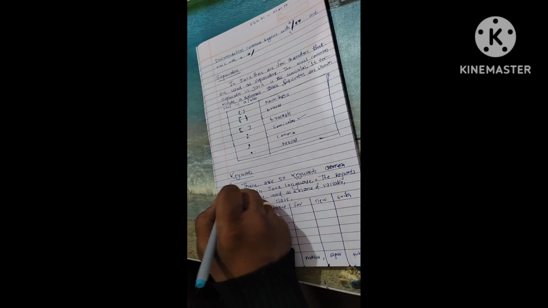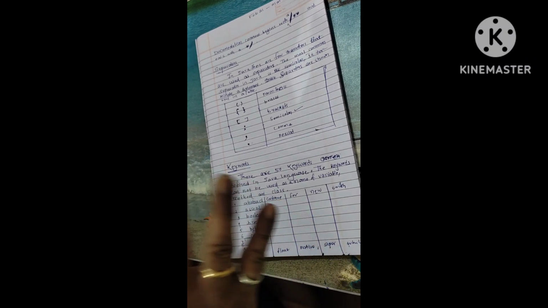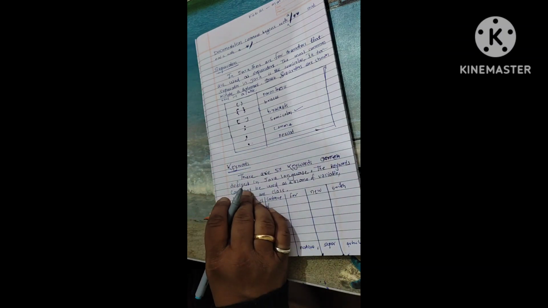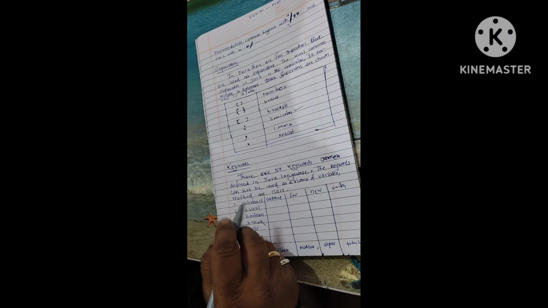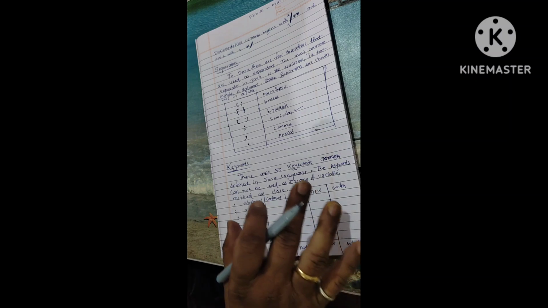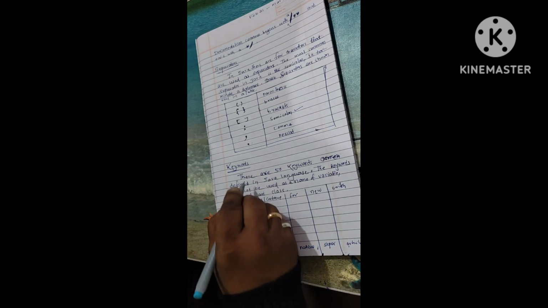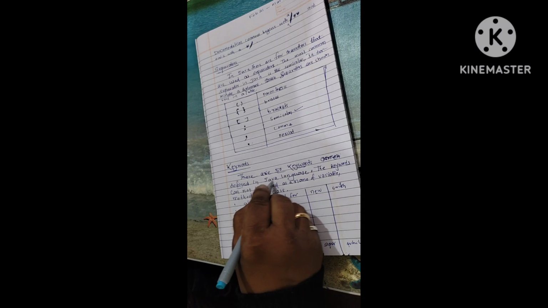Right. Now let us discuss keywords. This is the most fundamental element in writing a Java program. So you must know that if you have knowledge of these 50 keywords, you can write a better program in Java. There are 50 keywords defined in the Java language.